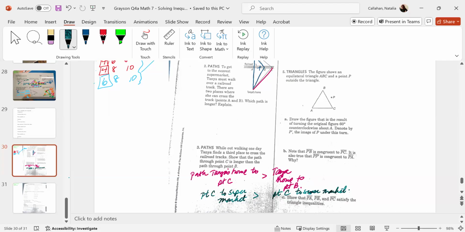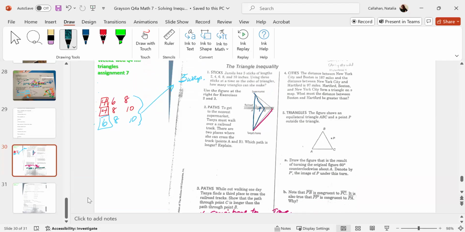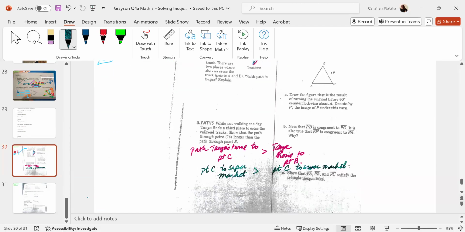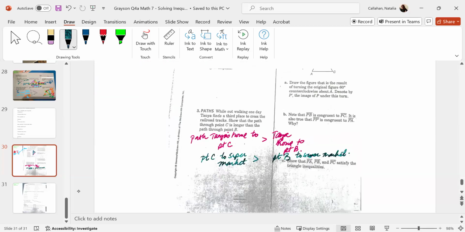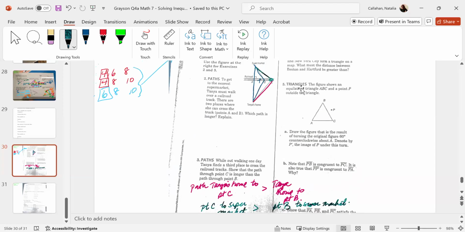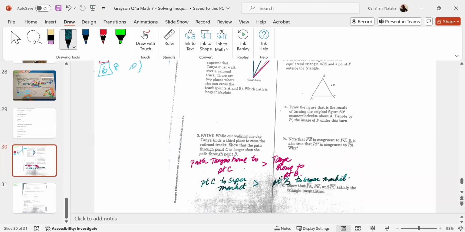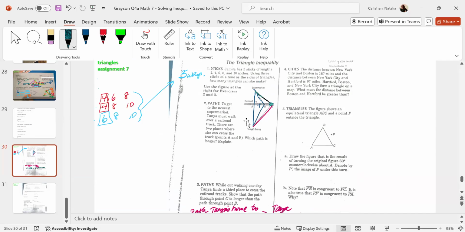And then point C to the supermarket is still bigger than point B to the supermarket. So therefore, Tanya's home to point C to the supermarket is greater than Tanya's home to B to the supermarket. Does that make sense? Mm-hmm. So you just have to rewrite it that way. Okay. So you go ahead and do that later.